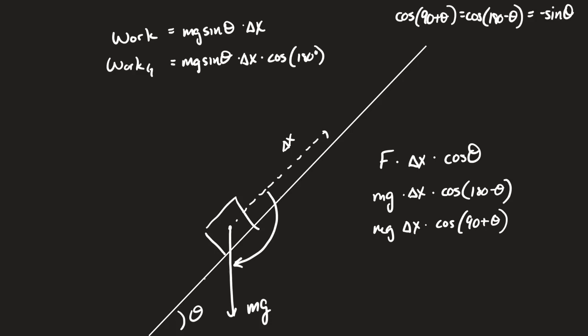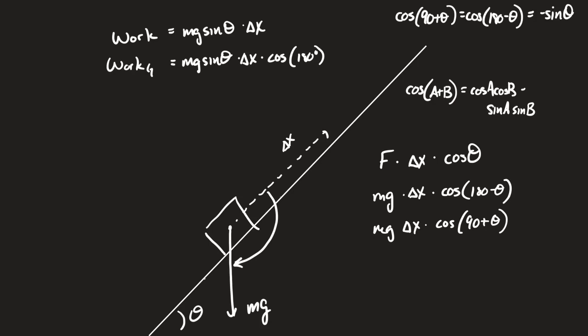Now, I don't know if you've learned this or not in your class. You would have learned this if you have learned that cosine of A plus B equals cosine A cosine B minus sine A sine B. Have you learned that yet? You will. Some of you have.